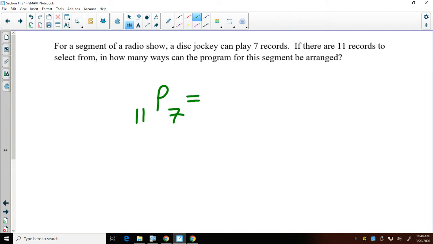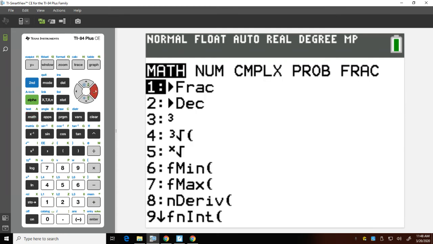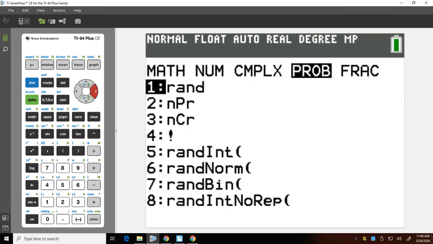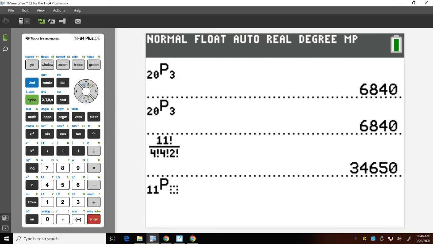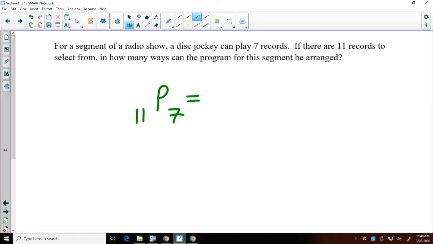And now I just go to my calculator, let it do the dirty work. So I've got 11, math, scroll over, nPr, 7, enter. And that's how many different shows this disc jockey can have. 1,663,200 different shows. 1,663,200.